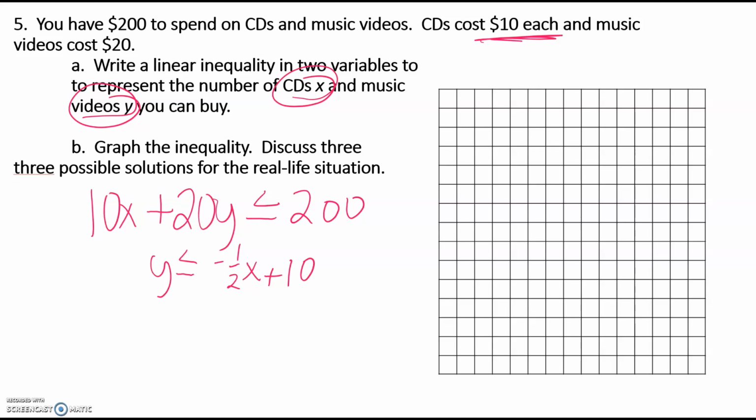Okay, so think about this. Remember, we talked about our axes. You can't have a negative number of CDs or DVDs. So I'm going to draw my axes on the outside. I'm starting at a positive 10. 1, 2, 3, 4, 5, 6, 7, 8, 9, 10, counting up.